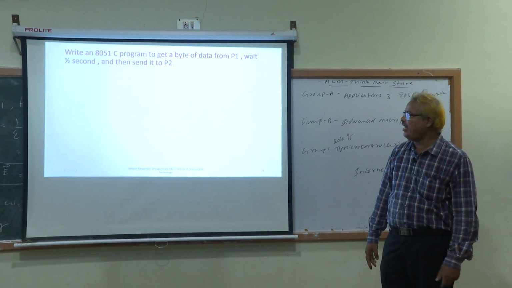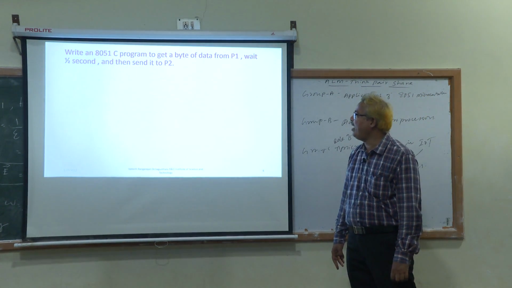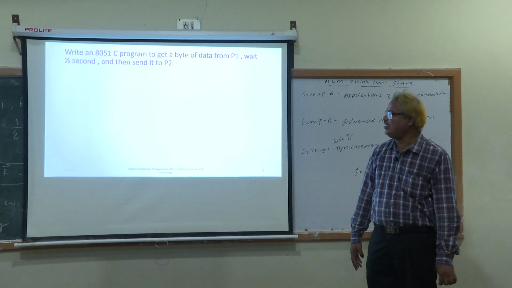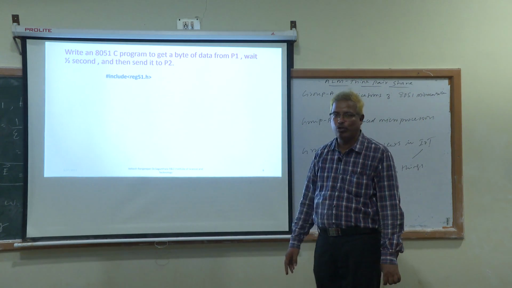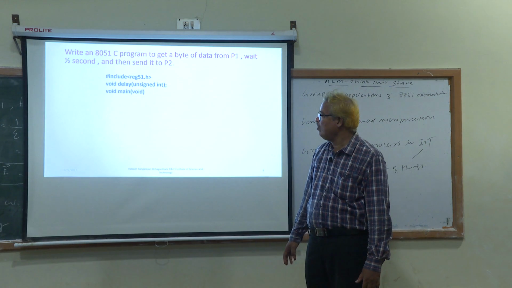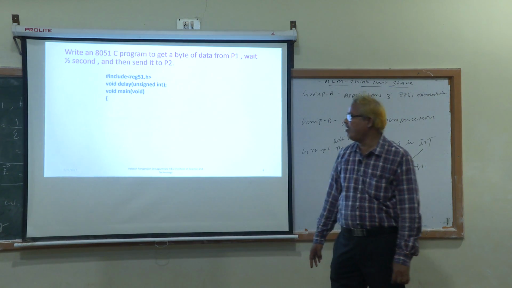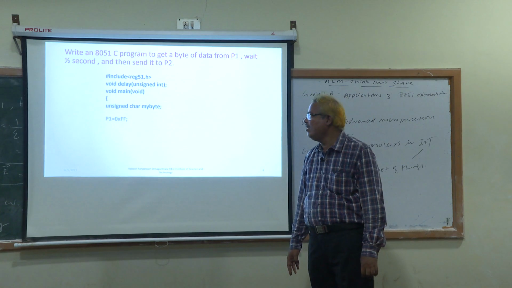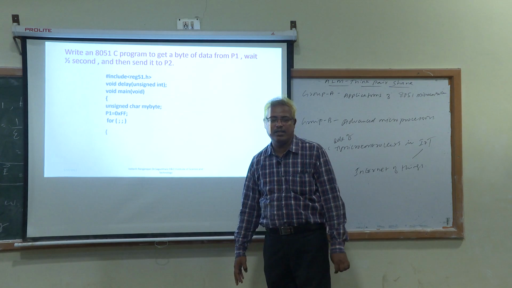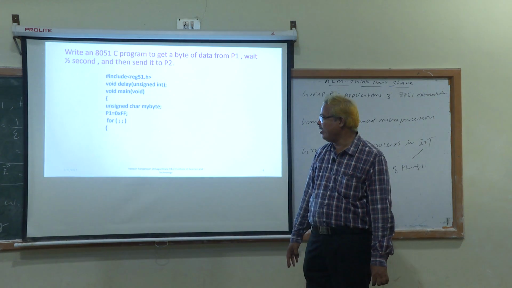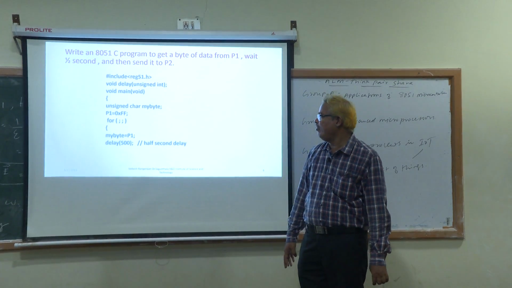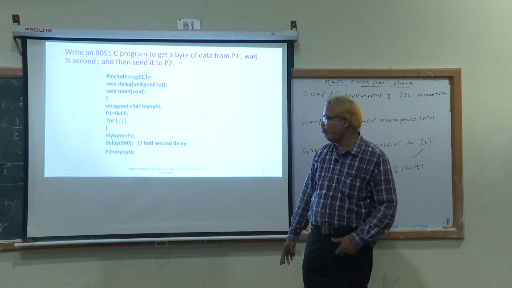The next program is: write an 8051 C program to get a byte of data from port 1, wait half a second, that is 500 millisecond, and then send it to port 2. It's a very simple program. The program starts with including the header file and the delay function is declared. Then void main void, meaning the main function will not return any value. Then unsigned char mybyte, port 1 equal to 0xFF, and then the for loop executes forever.